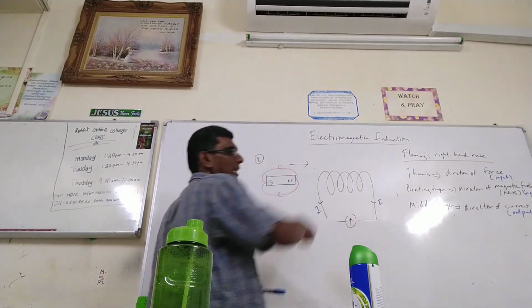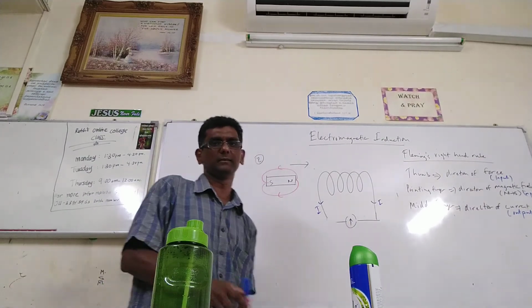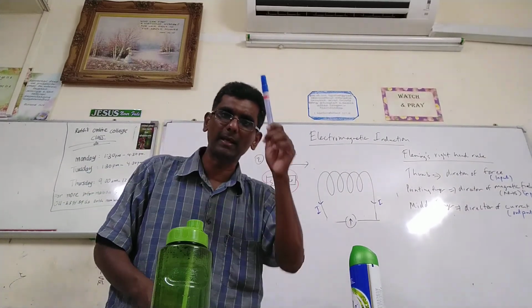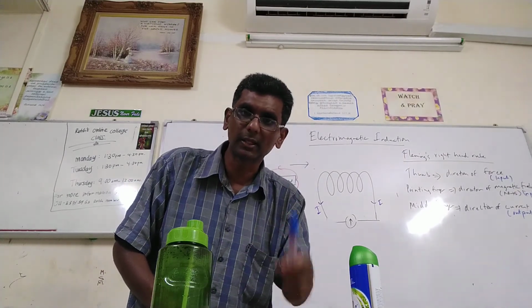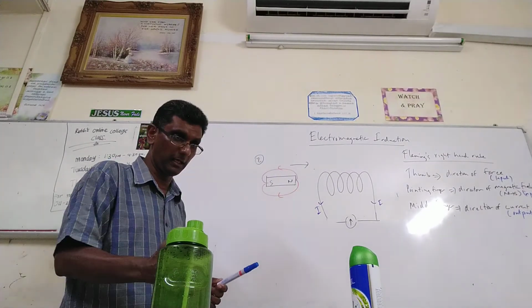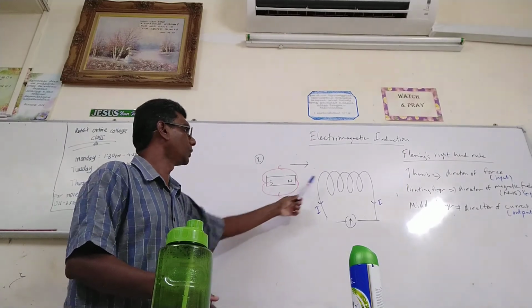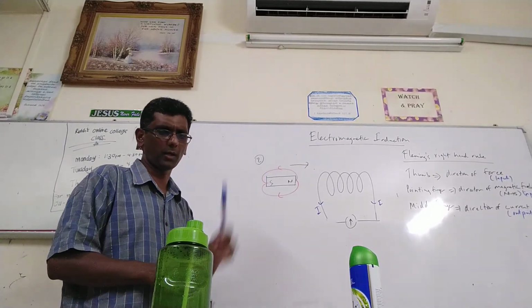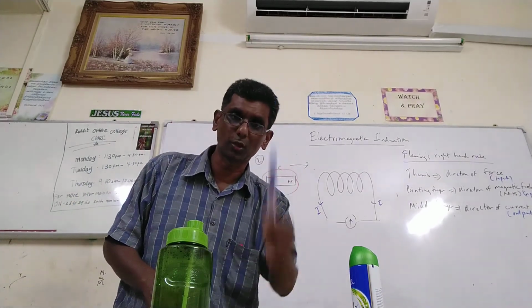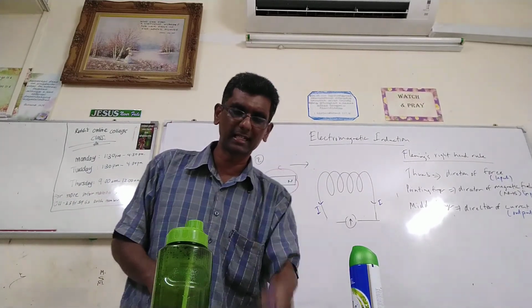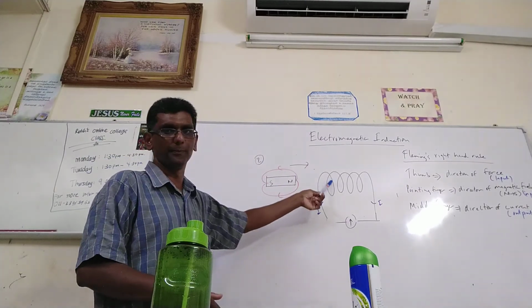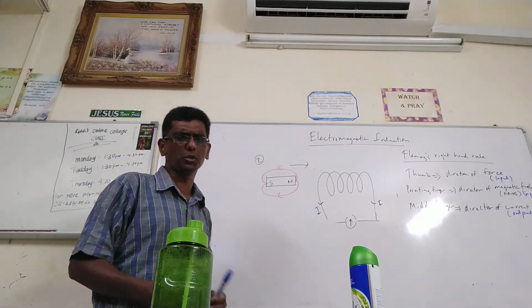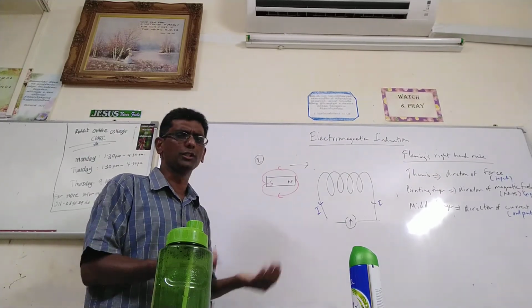As a result, current is produced. This is also one way. Either the conductor cuts the magnetic flux, or the coil cuts the magnetic flux. Either way it produces induced current, and induced current flows in two directions.